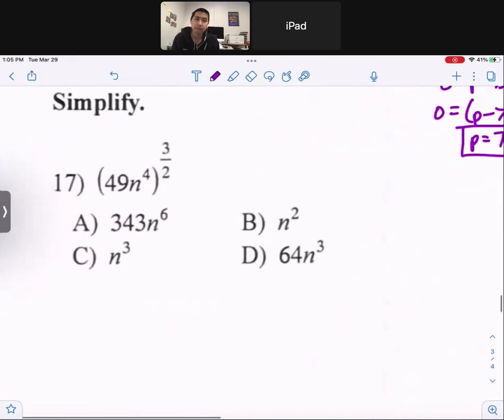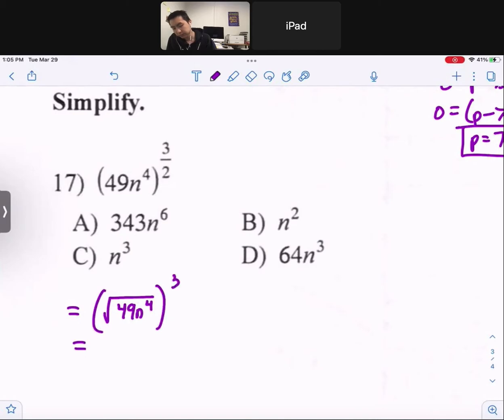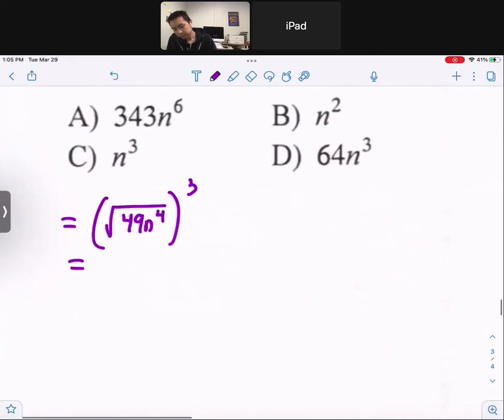Okay, this one. So this one's helping you realize that you have an exponent and you need to change it to be a radical form. So the square root of 49n to the 4th, all raised to the 3rd power. Well, square root of 49 is 7.